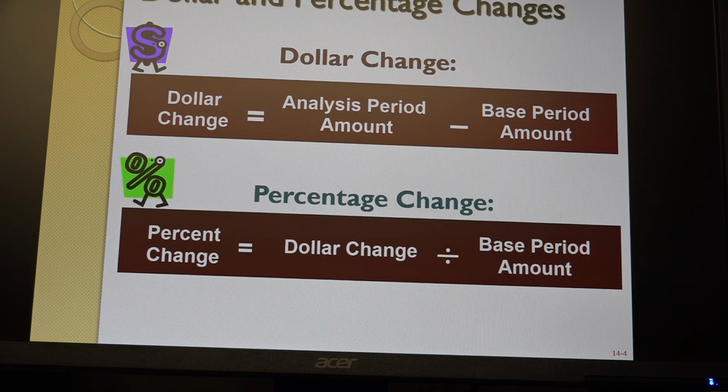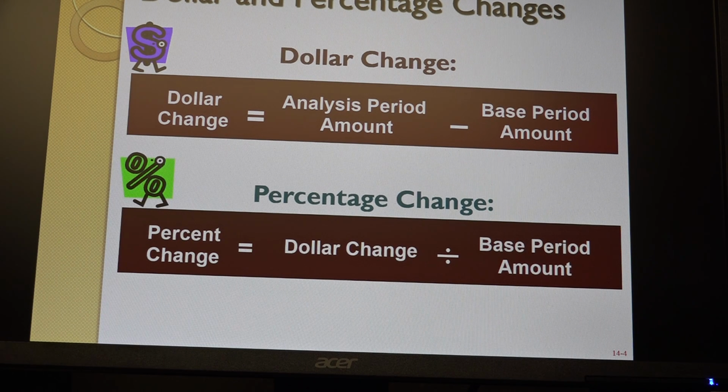Now, dollar changes, to me, are not as important as percentage changes, because you could have companies in the same industry that have wildly different sizes. For instance, if you looked at Target versus Walmart, certainly you would say that Walmart and Target are competitors, okay?